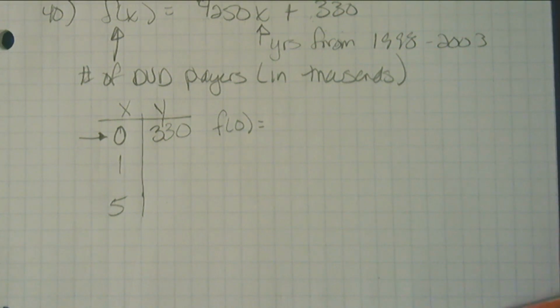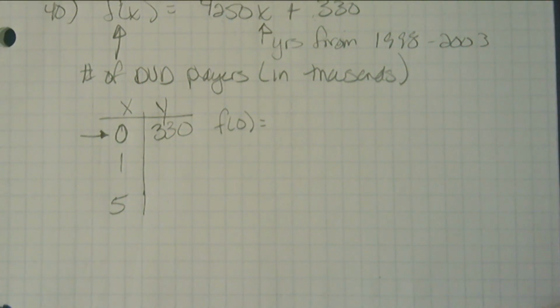Where your domain is going to be, because it keeps going, it just says the distance traveled after skating X hours is given by that particular function. Okay, they're not limiting the number of hours they can be skating. So we could be skating 0 hours all the way up through 500 hours. There's no limit to the number of hours you can be skating. So your domain is X is greater than or equal to 0.